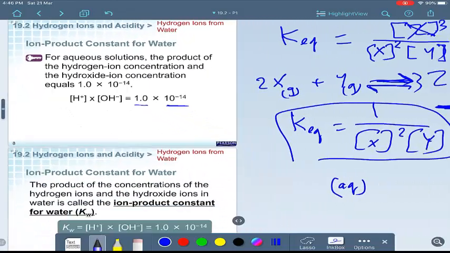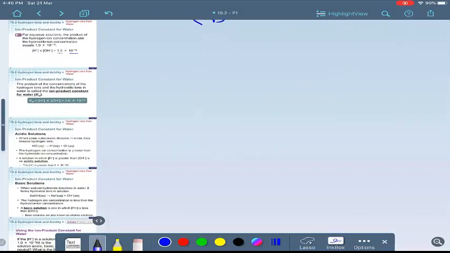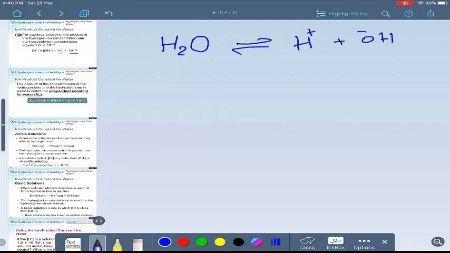Look, they imagine that hydrogen and hydroxide ions are released from the equation like this. H2O in the reverse reaction produces H positive or hydronium, whether this or that, and the hydroxide ion.